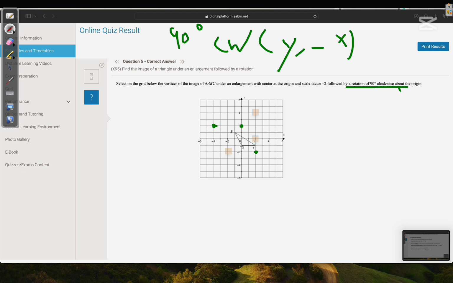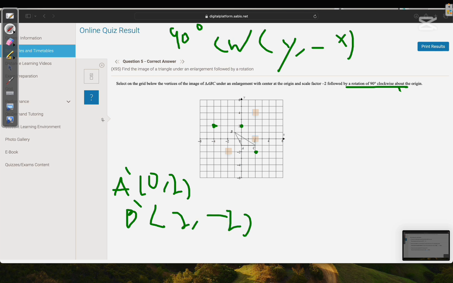So A prime was 0, 2. B prime was 2, -2. And C prime was -4, 2. Let's start with C prime prime.